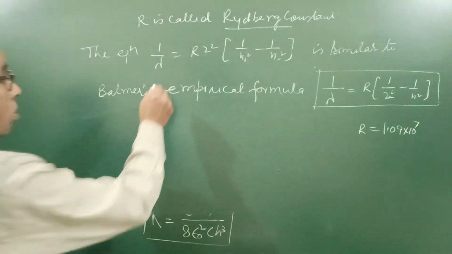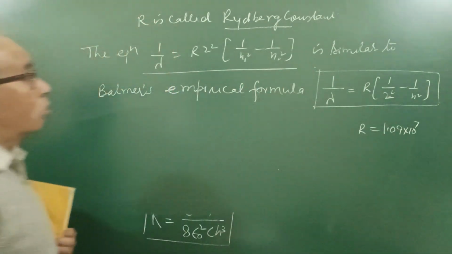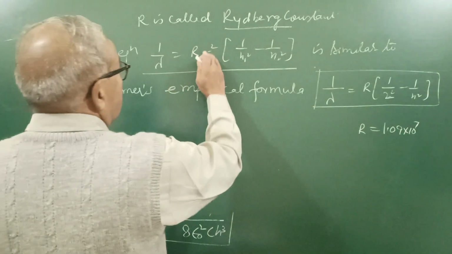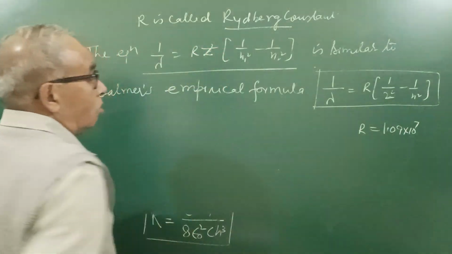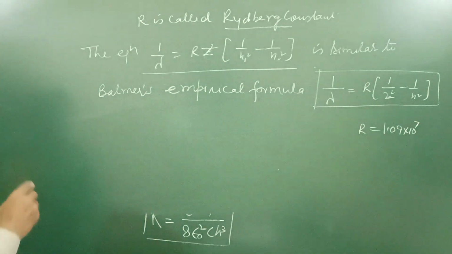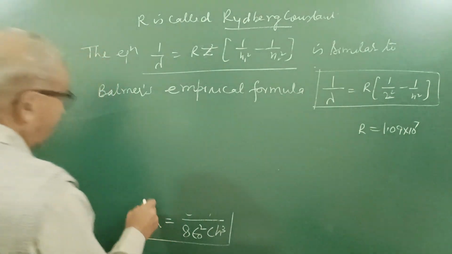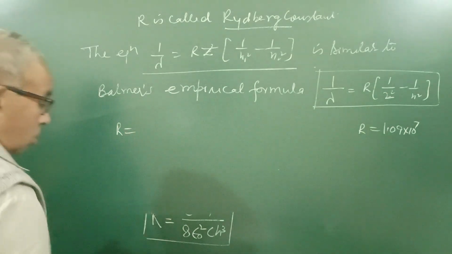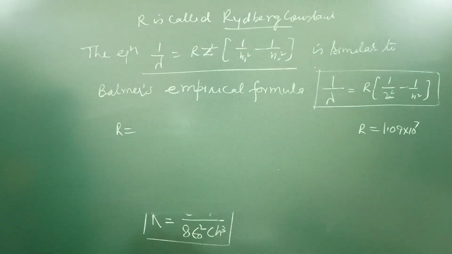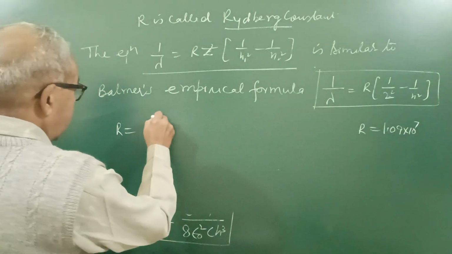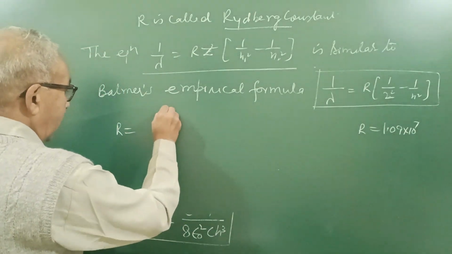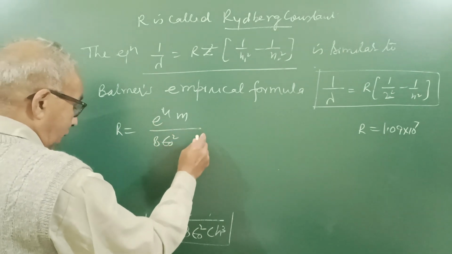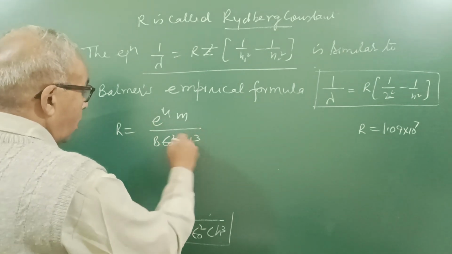So Bohr got satisfaction on his theory, as this formula resembles Bohr's formula. If we put the value of R, what is R there? R = me⁴/8ε₀²ch³.